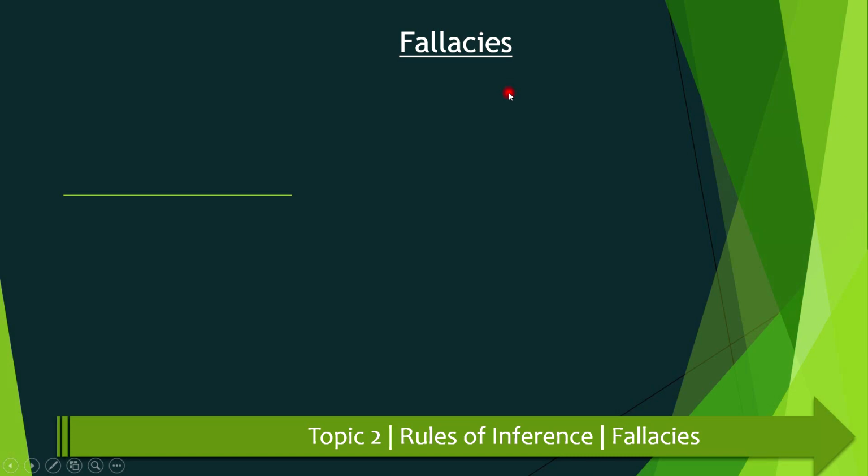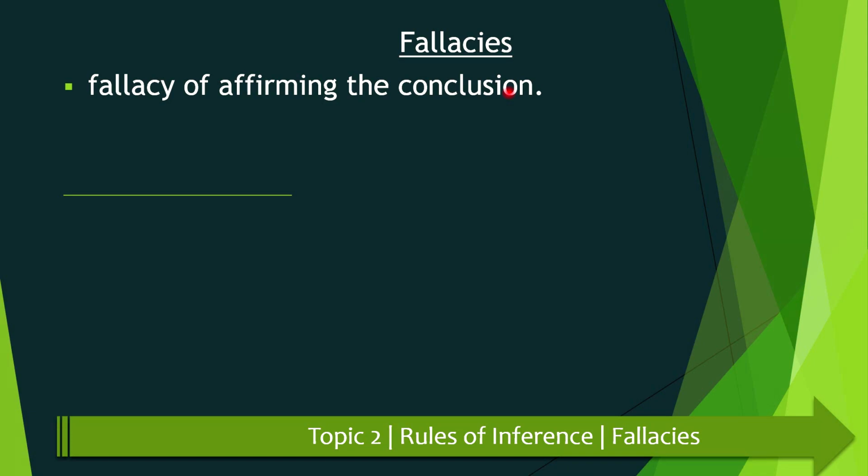There are two types of fallacies. The first is the fallacy of affirming the conclusion, which states that P implies Q and Q, therefore P. Sometimes this proposition is misinterpreted as true, but this statement is false, or not a tautology.